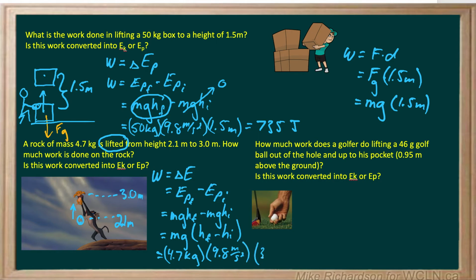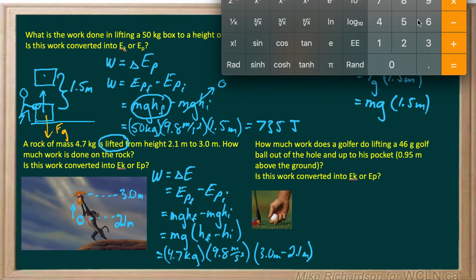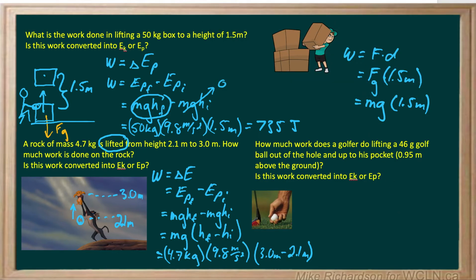H final was 3 meters. And H initial was 2.1 meters. And I'm sure we can work that out. So that'll give us joules of potential energy. Now when I calculate it, I get 9.8 times 4.7 times my change in height, which was 0.9 meters. I get 41.4 joules of energy.